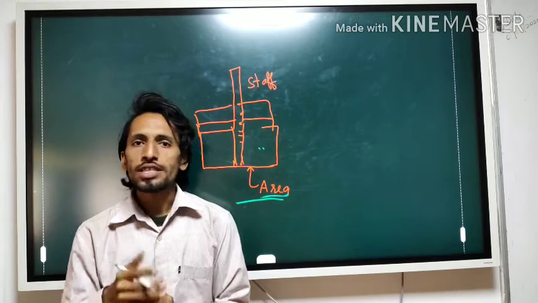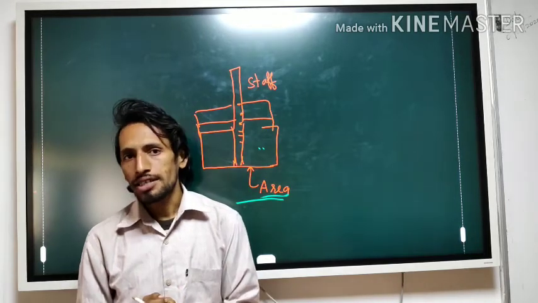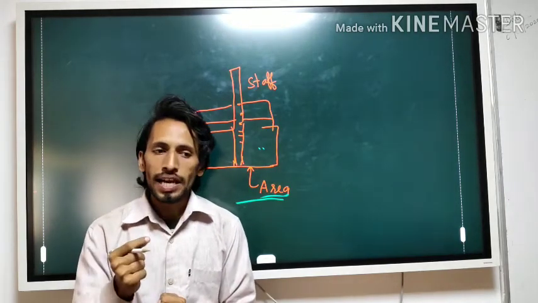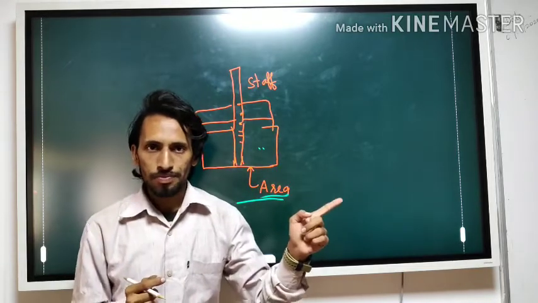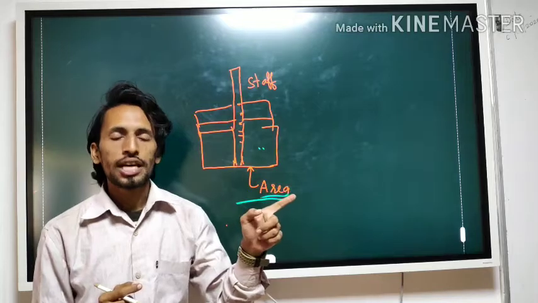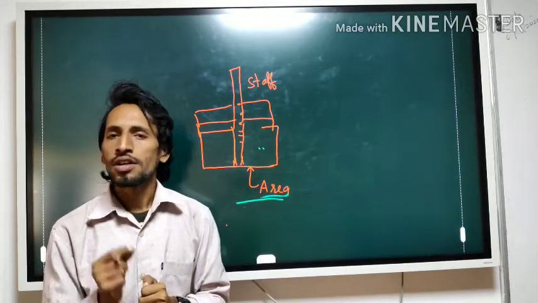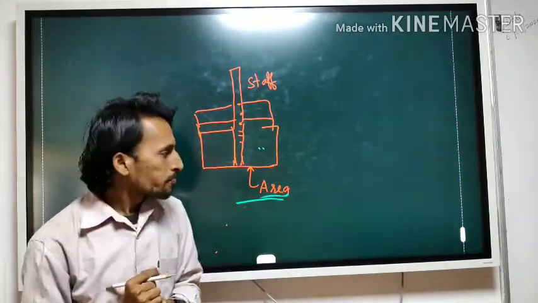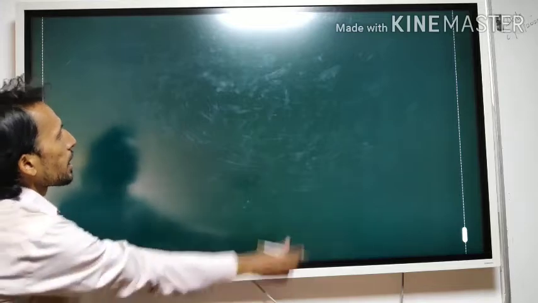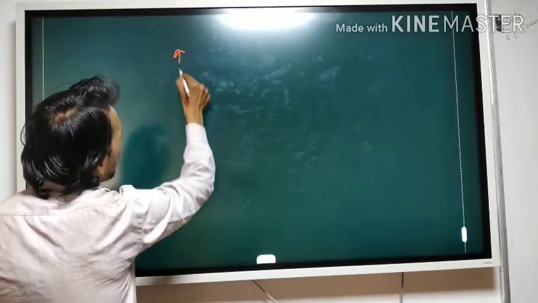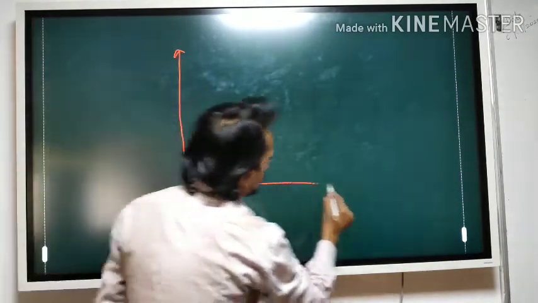Once you calculate the discharge, the discharge actually represents your runoff. Discharge is basically representing your runoff values. So let's say you are trying to draw a graph.